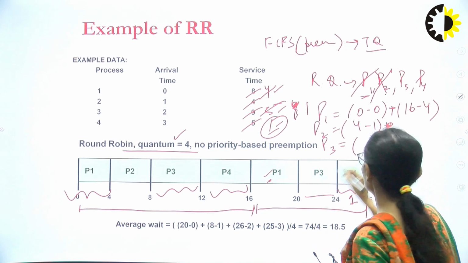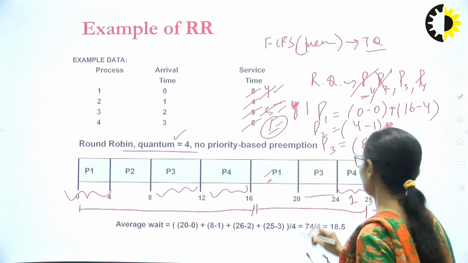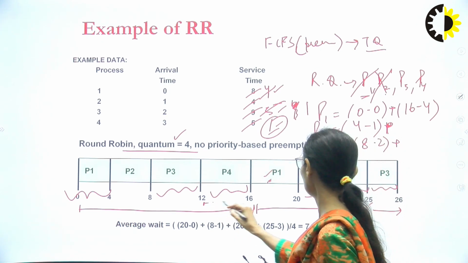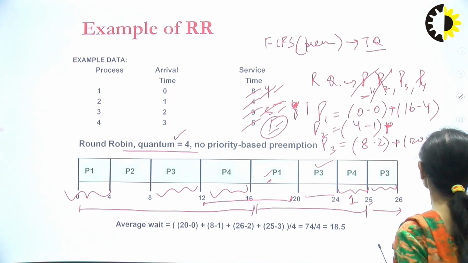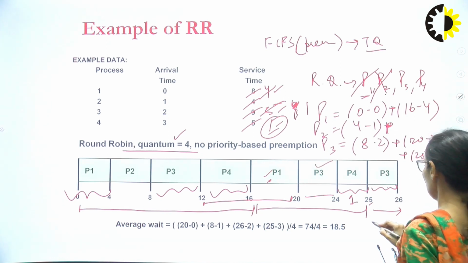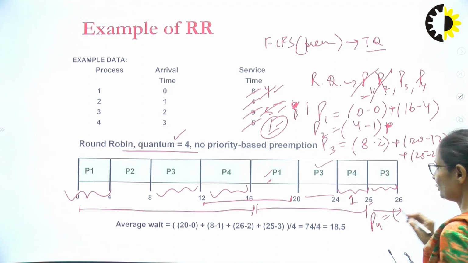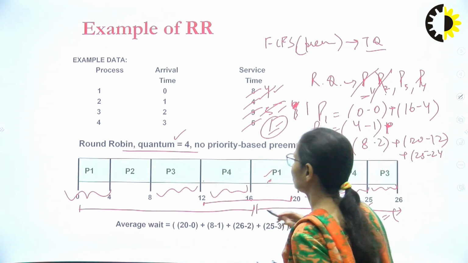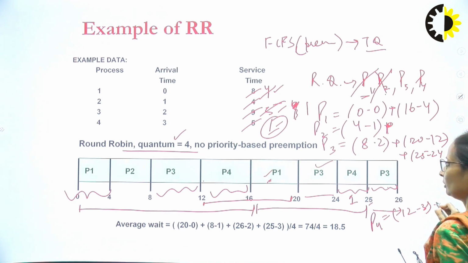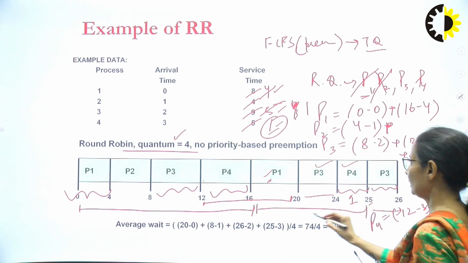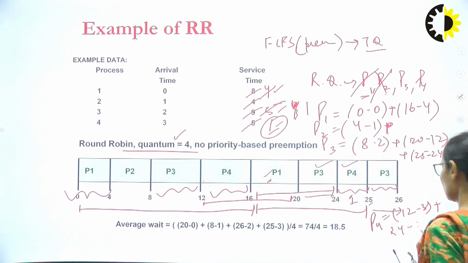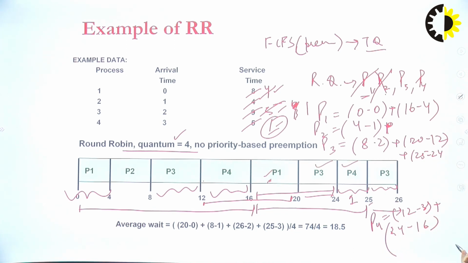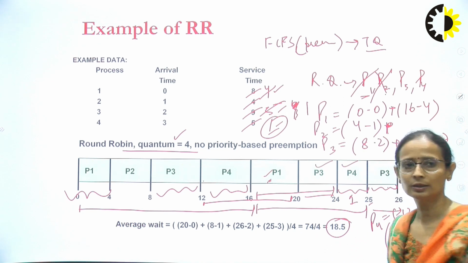For P3, this is 8 minus 2, appearing again and leaving the system at 12, so 20 minus 12, and then 25 minus 24. For P4, first allocated at 12, it came at 3, so 12 minus 3, plus it appeared again, 24 minus 16. When you compute these values, the average comes out to be 18.5.